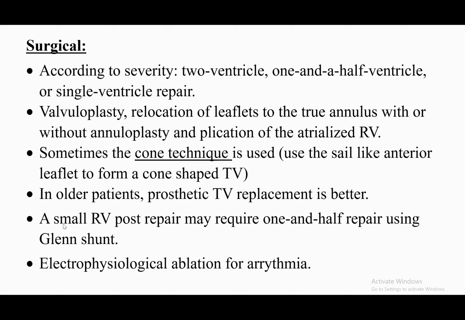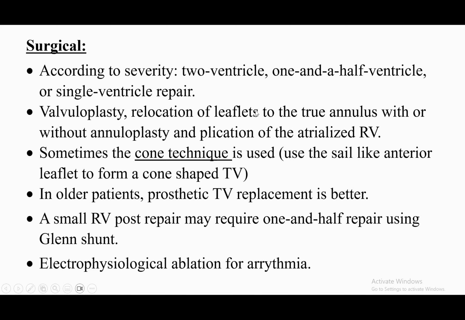So some of the venous return of the superior vena cava falls into the pulmonary circulation, and the blood coming from the inferior vena cava goes into the heart and passes to the right ventricle and the pulmonary artery. So this is called 1.5 repair. Or a single ventricle repair, Glenn then Fontan shunt.